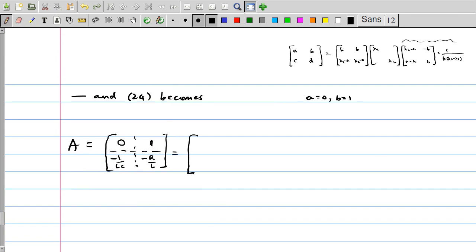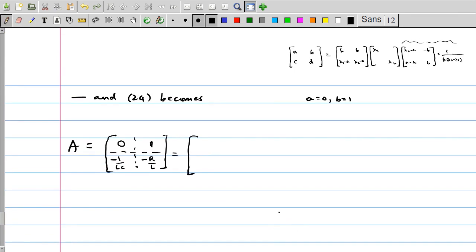So what we get is 1, lambda 1, lambda 2, right? And then we get lambda 1, lambda 2, and then lambda 2 times lambda 2 minus 1, minus lambda 2, minus lambda 1, I think.